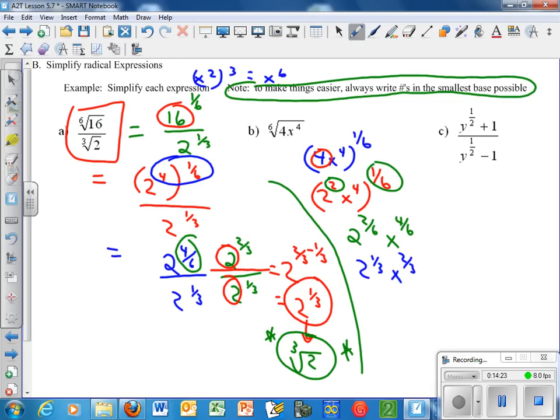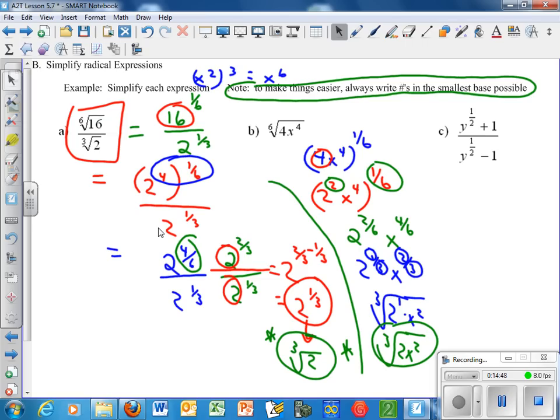Notice these are the same now, so we're talking about the cubed root of 2 to the 1st power, top number is the exponent there, times x squared. Top number is that, but they're both cube roots because the bottom number is a 3. So let's clean this up a little bit and write it as the cubed root of 2x squared. And that would be as simplified as you can go on that particular problem.